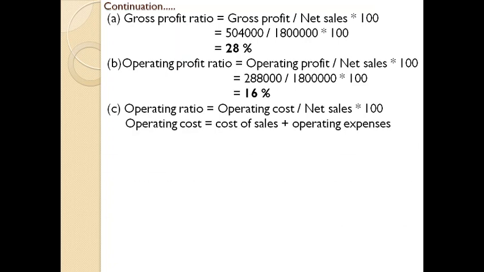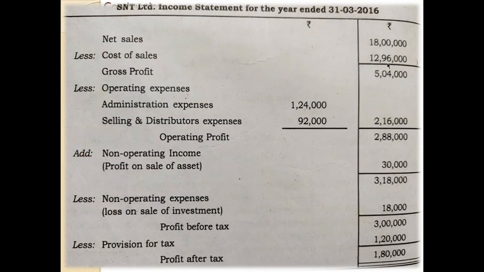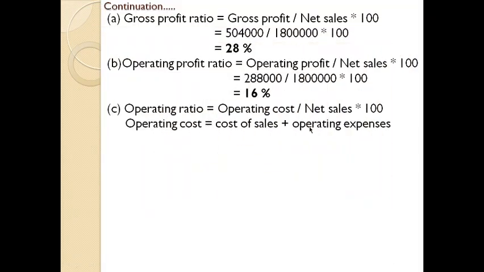Operating cost, the equation is cost of sales plus operating expenses. Both items are directly given in the question. Cost of sales is already given, that is 12,96,000, and operating expenses are also given: administration expenses 1,24,000, selling and distribution expenses 92,000. So just add all these amounts, you will get 15,12,000.